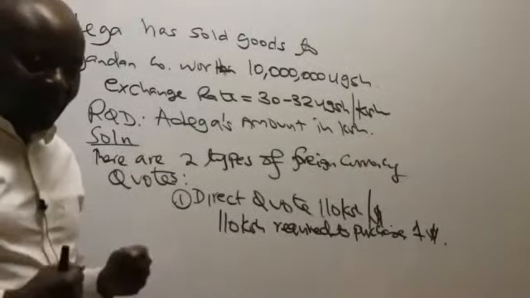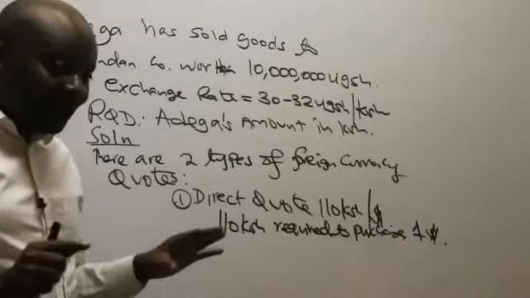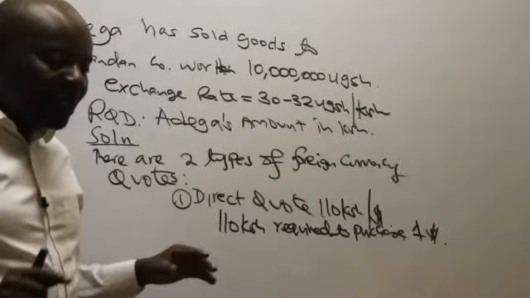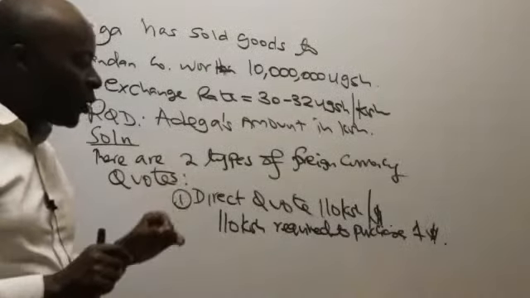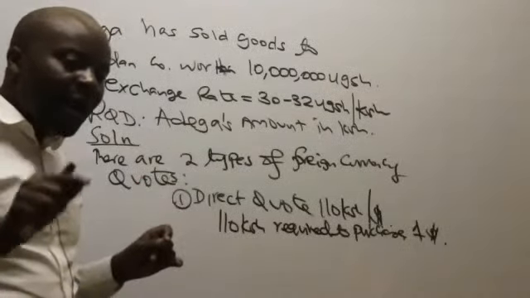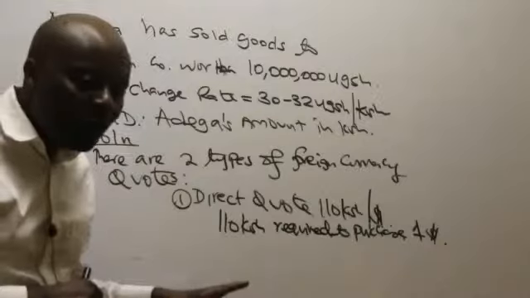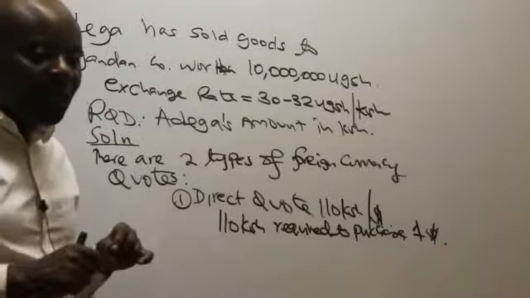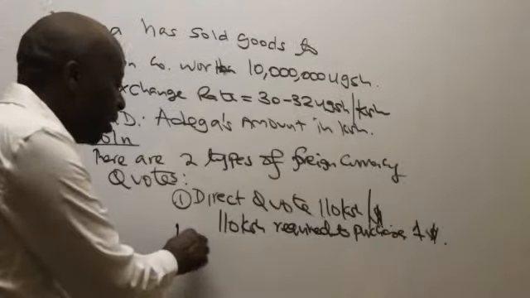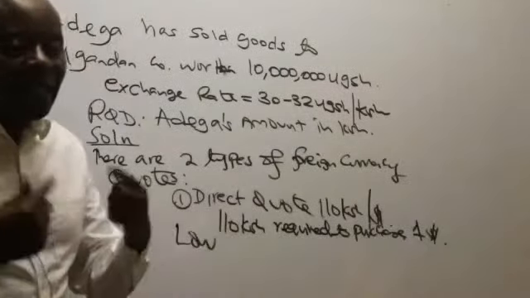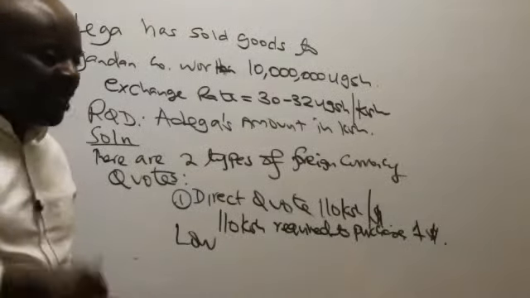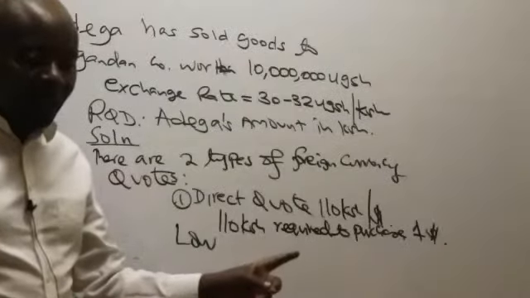Yes, I love this. Now tell us there, direct means what here? Normal. Direct means normal. Tell us there that for direct quotations, banks buy low and sell high in order to make a profit.